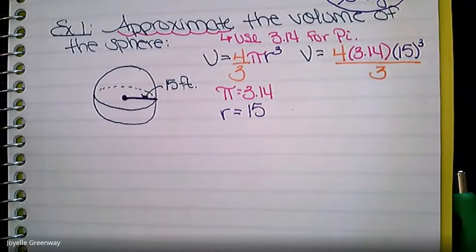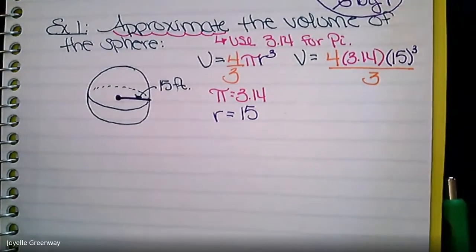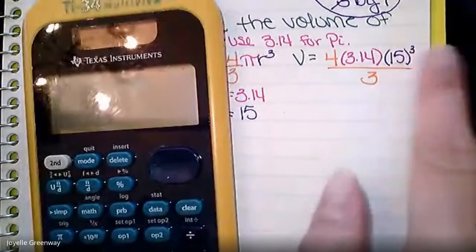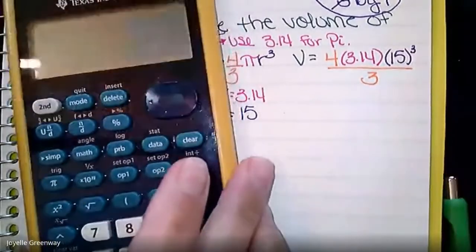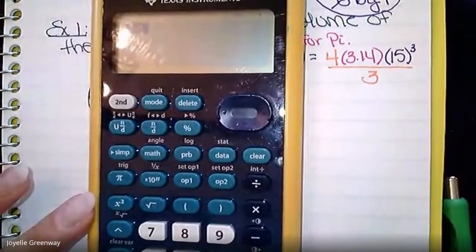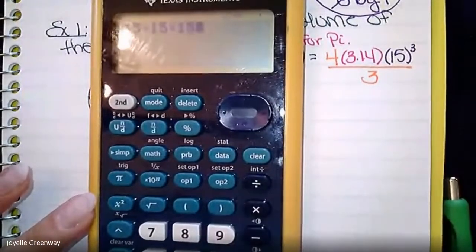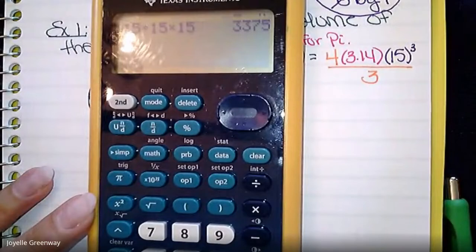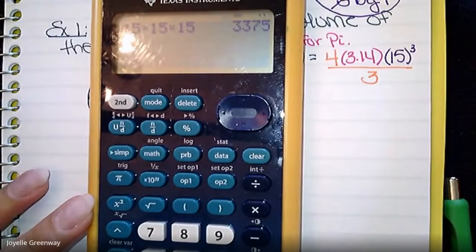The first thing that we want to do is take care of the radius cubed. In your calculator, you want to do 15 times 15 times 15, which is 3,375.